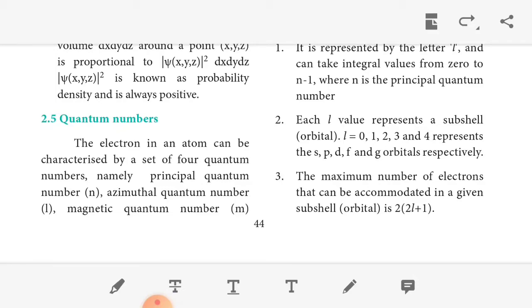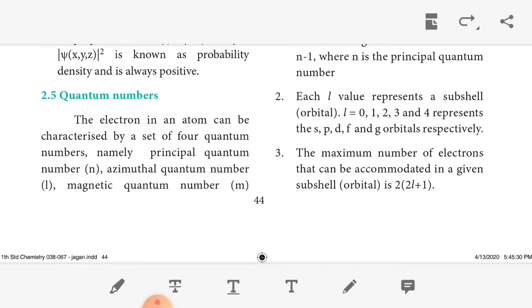You can write this answer only. It determines the shape and the orientation, which means it can be rotated, and the spin of the electron. The electron in an atom can be characterized by 4 quantum numbers.